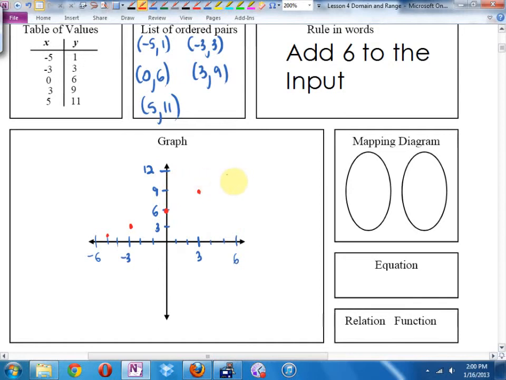Oh, that's terrible. Without graph paper, that's about as good as I can get freehand.